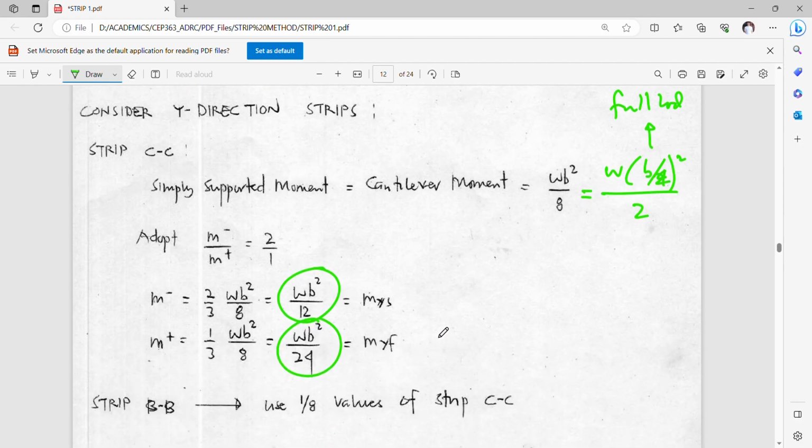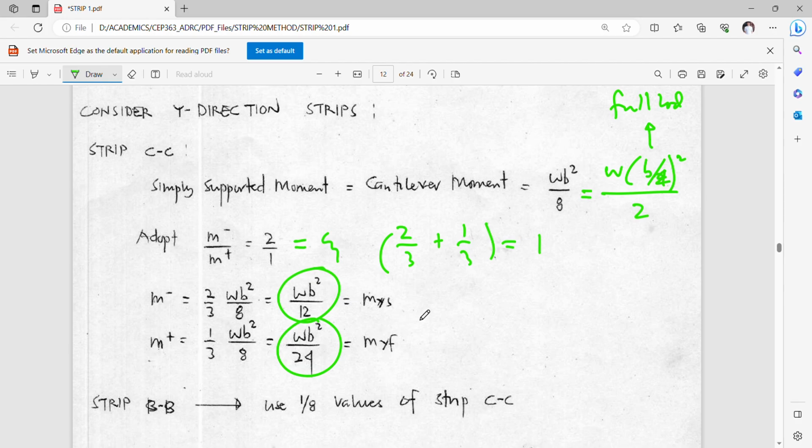So for adopting a 2 to 1 ratio for M negative over M positive, all we need to know is that for a 2-1 ratio, my moment negative and moment positive will simply be distributed 2/3 and 1/3 of the whole moment. So 2/3 of this is 1 over 12 and 1/3 of 8 is 1 over 24.